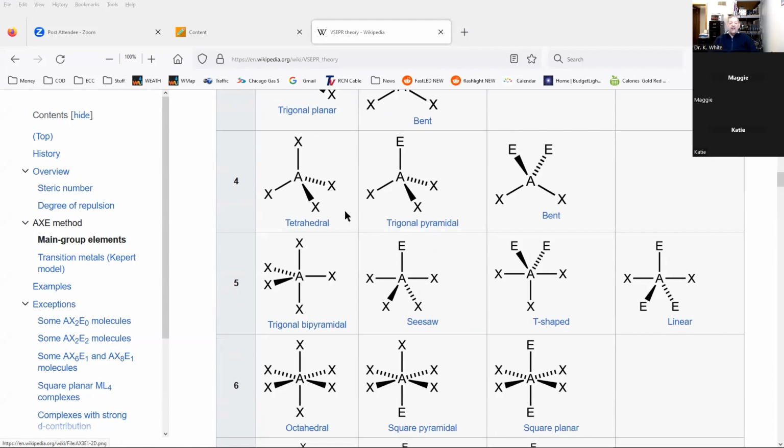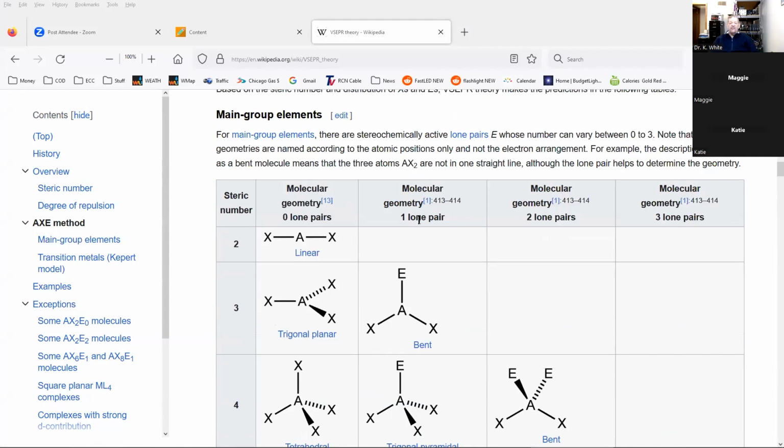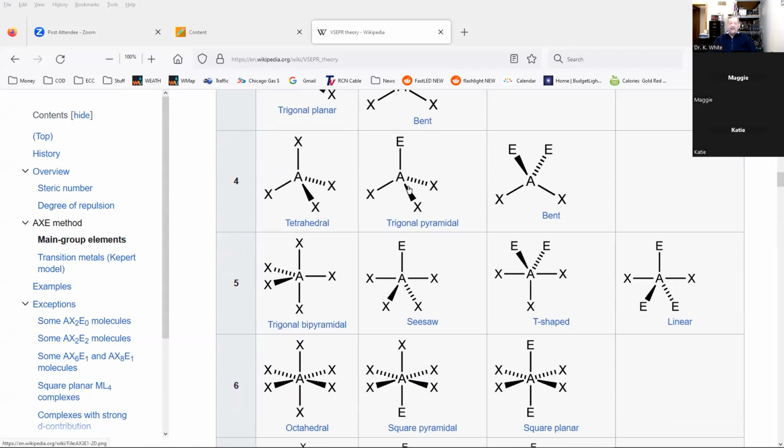Now, if we look at the same one, where it says 1 lone pair, non-bonding electrons, if this were nitrogen, hydrogen here, here, here, this is called trigonal pyramidal. And you forget about the E, and it looks like a pyramid. I wonder where they got the name. And trigonal means 3 hydrogen.